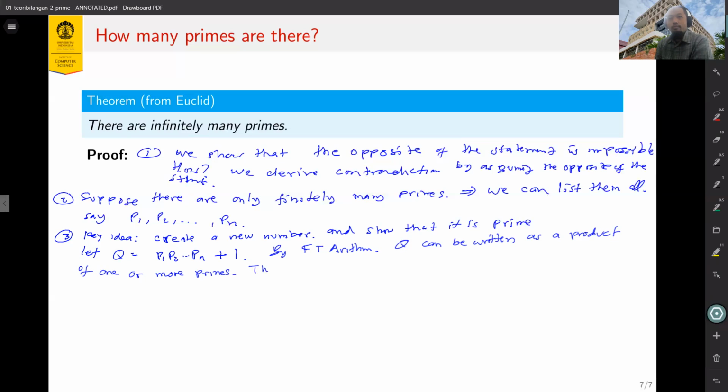If Q is written as a product of one prime, what can we conclude? Q can be divided by a prime. Well, if Q can be divided by a prime, that means Q can be written as a product of two primes at least, right? But I'm saying, what's the case if Q is written as a product of only one prime?